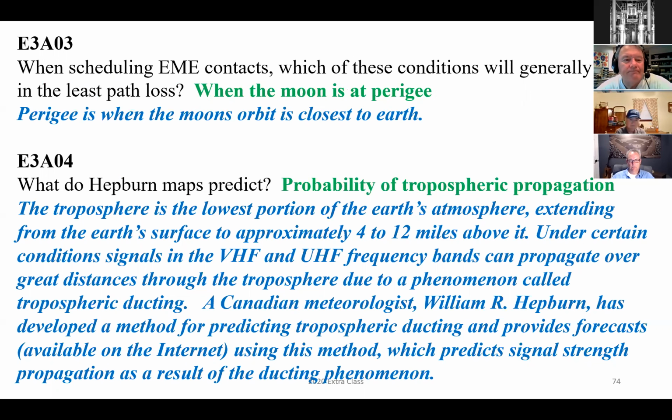And under certain conditions, signals in the VHF and UHF frequency bands can propagate over great distances through the troposphere due to a phenomenon called tropospheric ducting. Canadian meteorologist William Hepburn developed a method for predicting tropospheric ducting and provides forecasts which are available on the internet using this method, which predicts signal strength propagation as a result from ducting phenomenon.